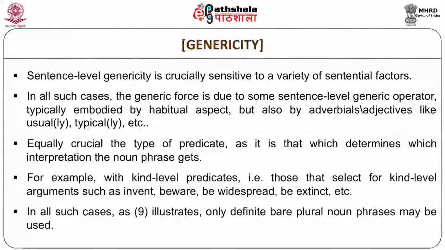For example, with kind level predicates, that is, those that select for kind level arguments, such as invent, be rare, be widespread, be extinct, in all such cases, only definite singular and bare plural noun phrases can be used.